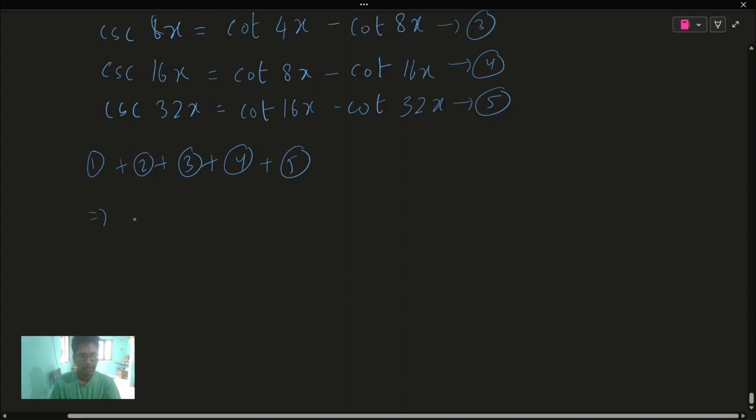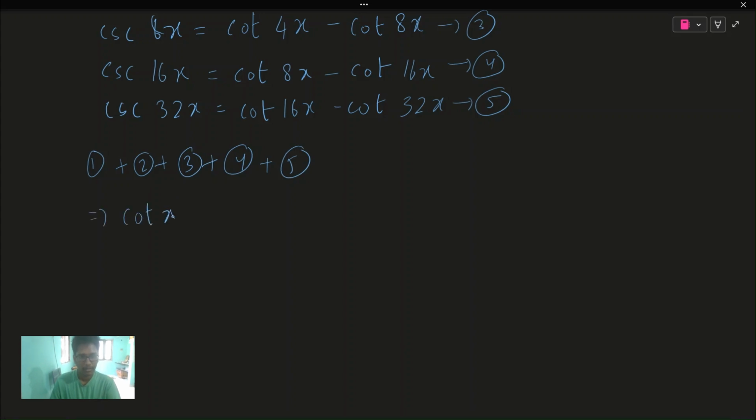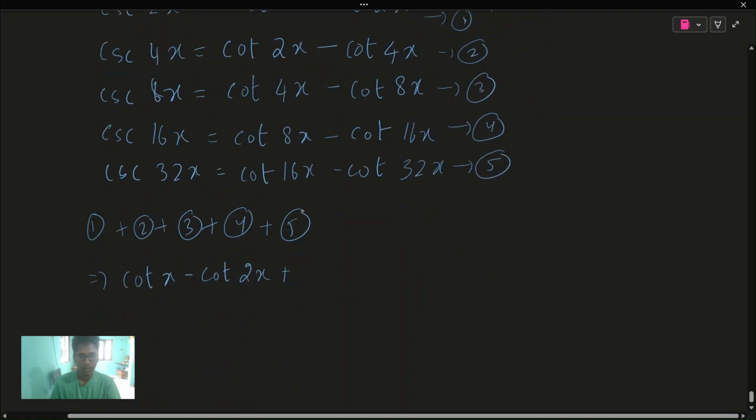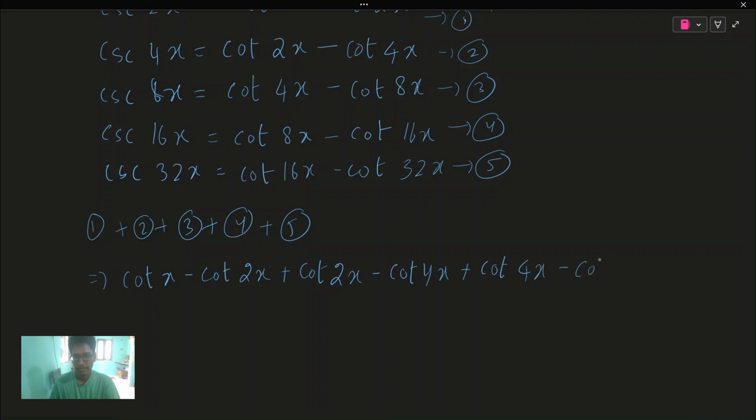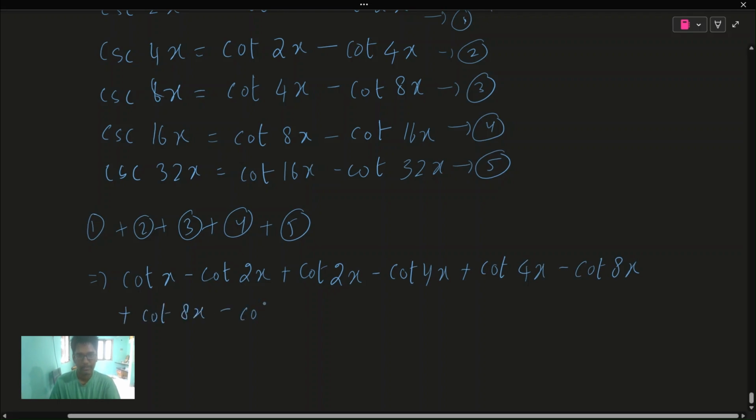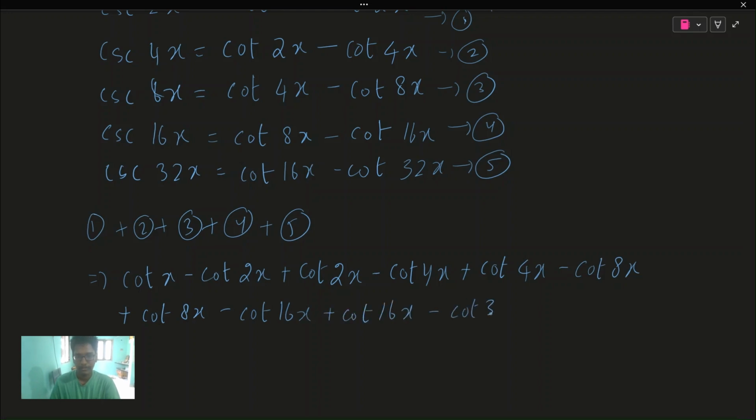You would get cot x minus cot 2x plus cot 2x minus cot 4x plus cot 4x minus cot 8x plus cot 8x minus cot 16x plus cot 16x minus cot 32x.